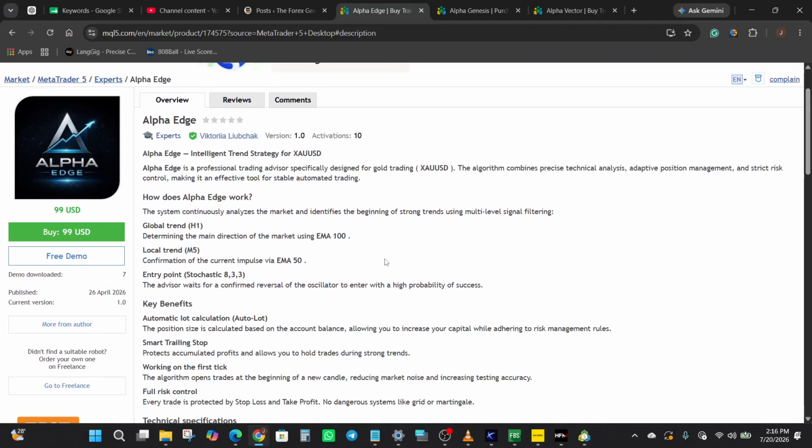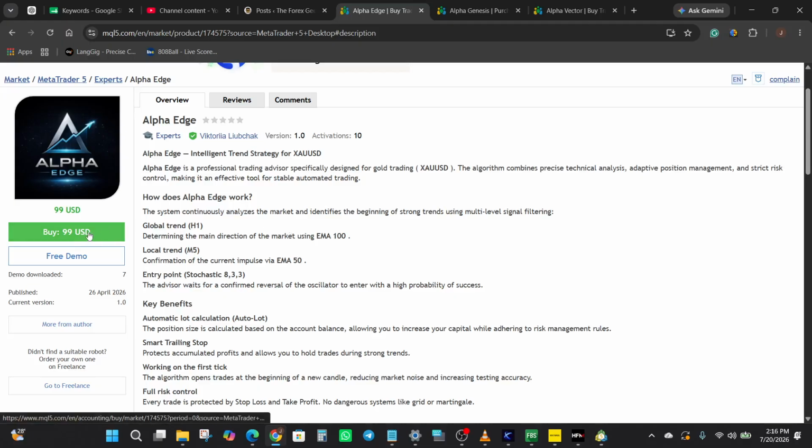Okay, so let us begin by looking at what the developer shares on the MQL5 marketplace page before discussing how the trading strategy works. The EA is currently priced at 99 US dollars and it is currently at version 1.0. All right, according to the marketplace description, Alpha Edge uses a multi-layered approach to market analysis rather than relying on a single indicator.